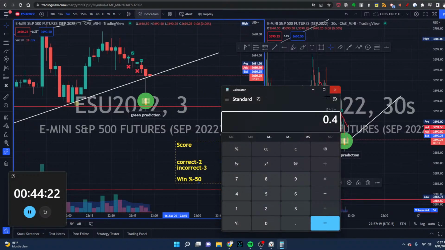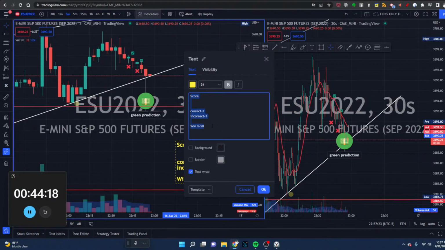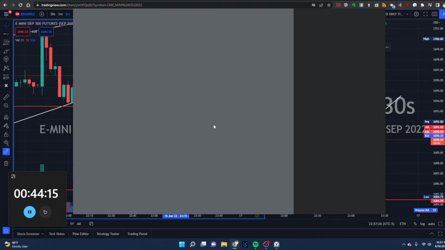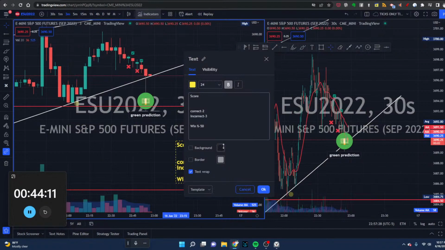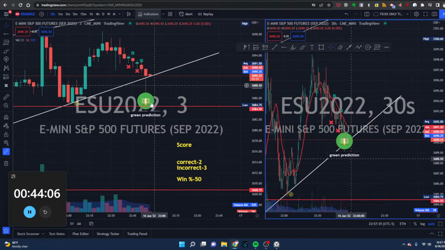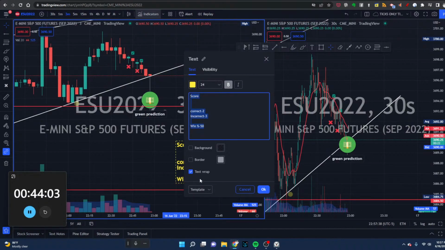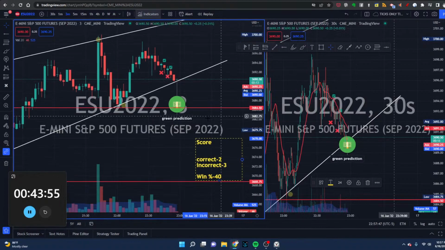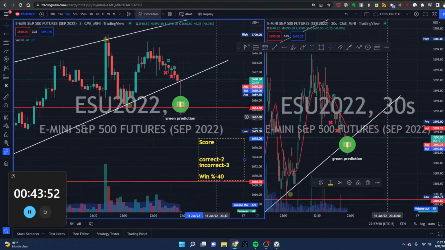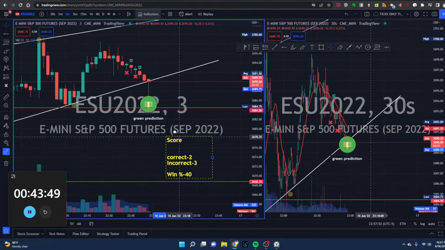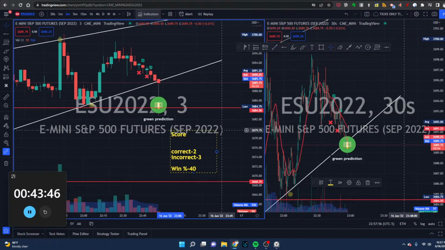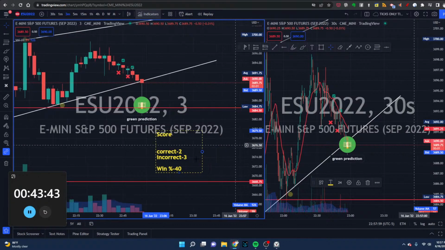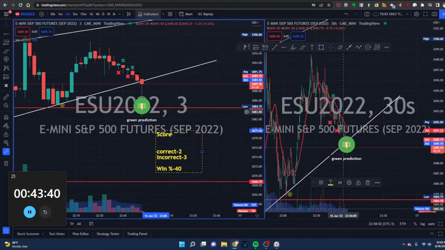40%. Oh, come on. I'm gonna go green again. Looking for a bounce at this trend line here. Bearish volumes coming in, but it's stepping down here.